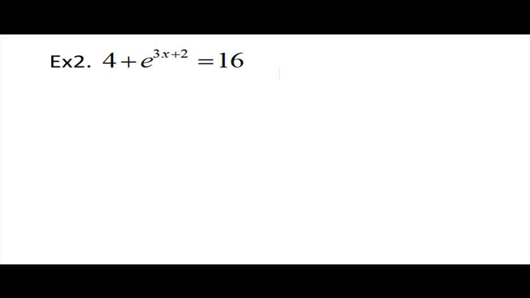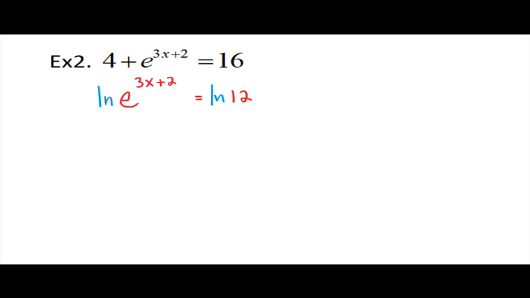So minus 4 on both sides. So I have e to the 3x plus 2 is equal to 12. Obviously I'm not going to be able to get the same base, because that's an e and this is just a number. So if this is an e, this is when you use the natural log. So you have to natural log both sides.